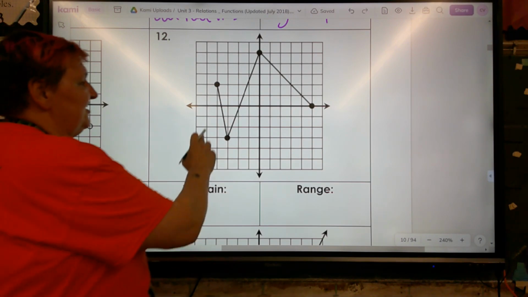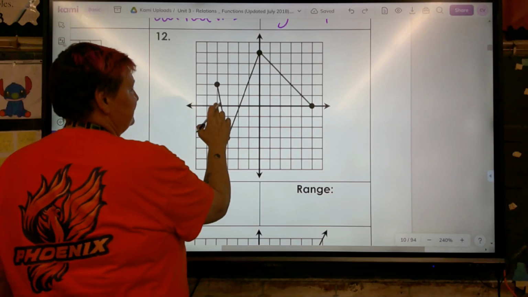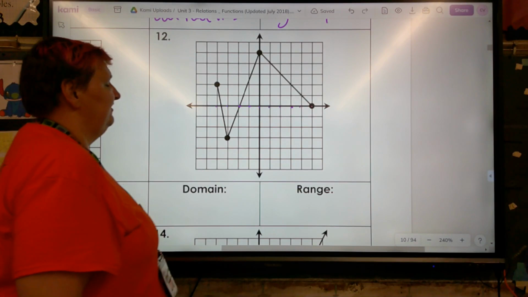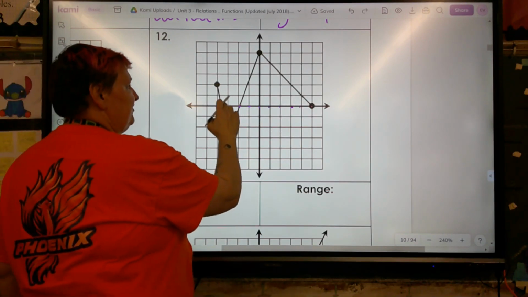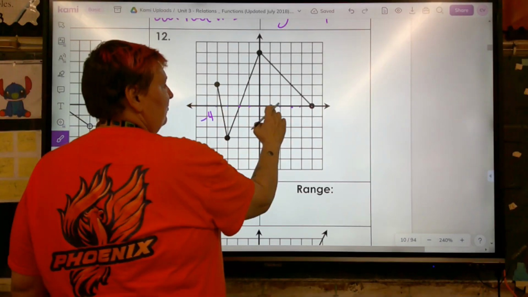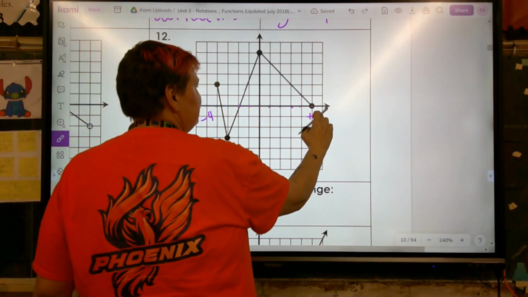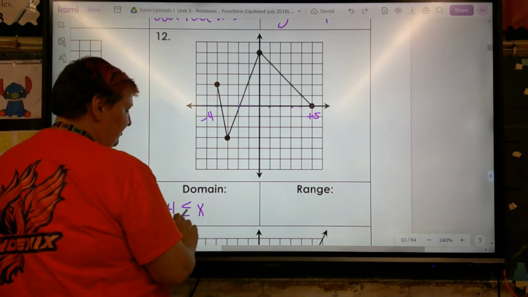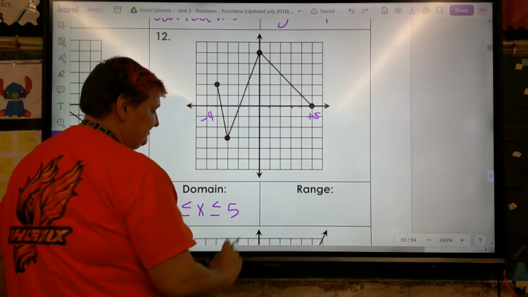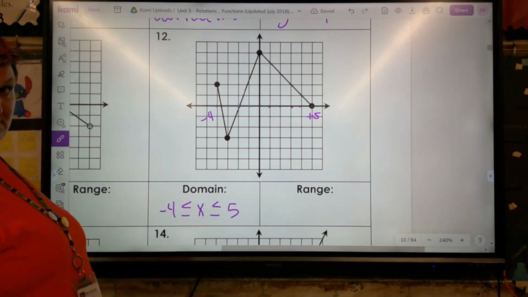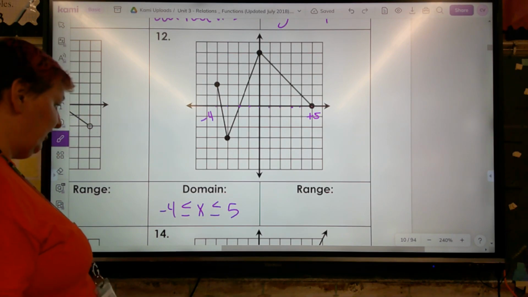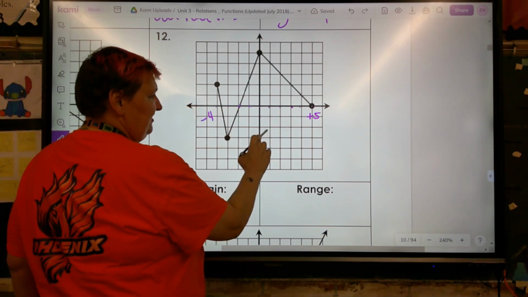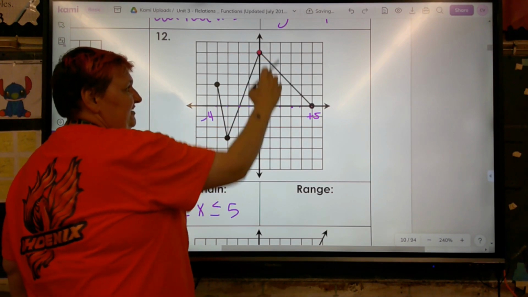But I can tell you that for the x values, it's going to hit here, here, here, here, here, here, here, here, here, here. So 1, 2, 3, 4. This is -4. 1, 2, 3, 4, 5. This is +5. I know x has to be greater than or equal to -4, less than or equal to +5. I know that much, right? And then for the y values, I know its lowest point is going to be here, and its highest point is going to be here.